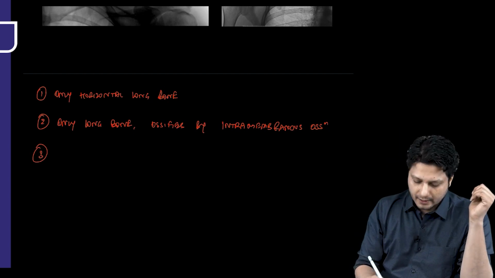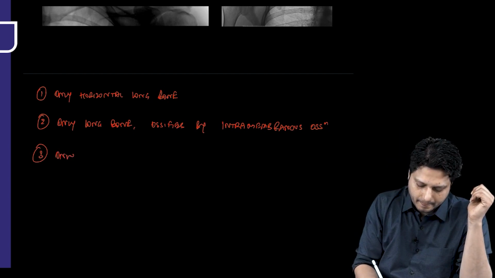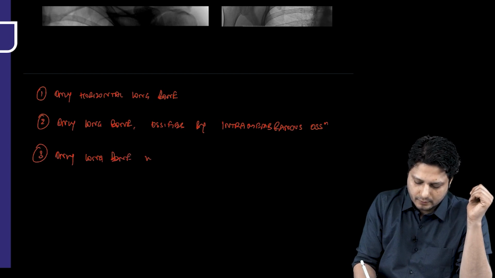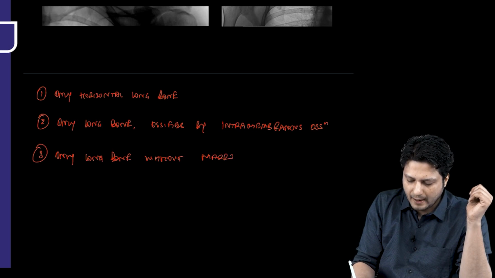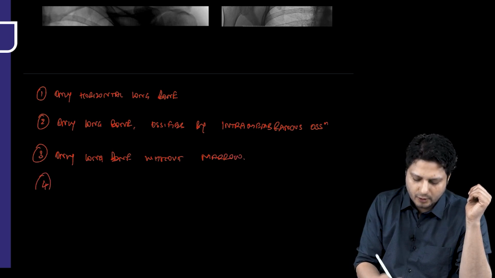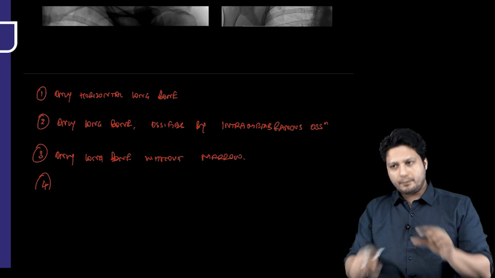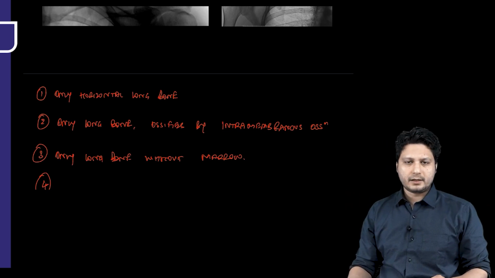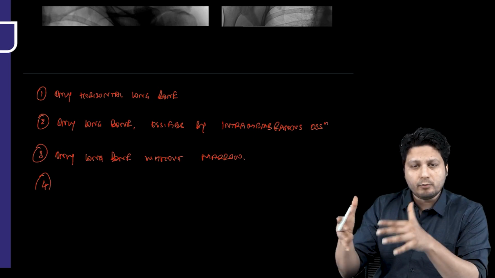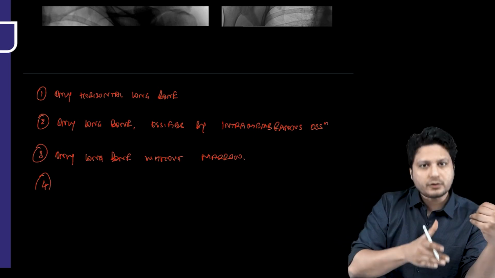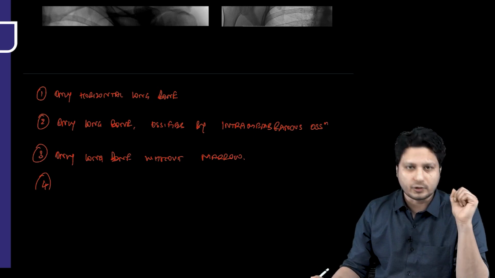All right. Point number 3, that it is the only long bone without marrow, means there is no marrow cavity. So this is the only long bone which is not having any marrow cavity. All right. So these are the unique features of the clavicular bone, and this is also a long bone which has got two primary ossification centers and a single secondary ossification center.